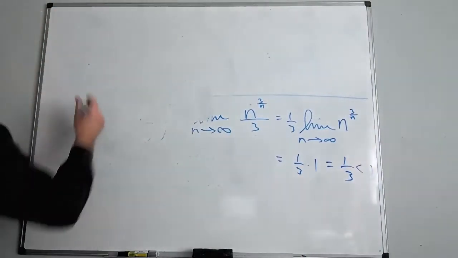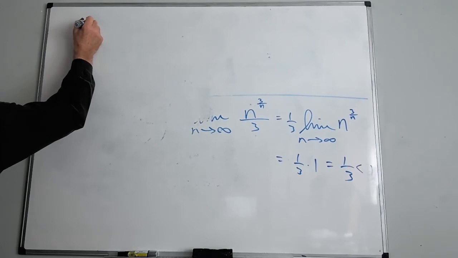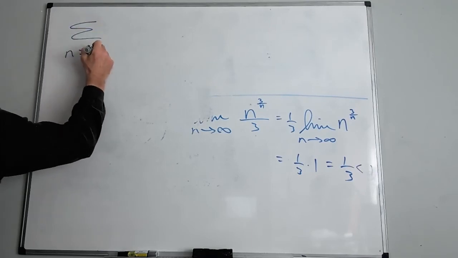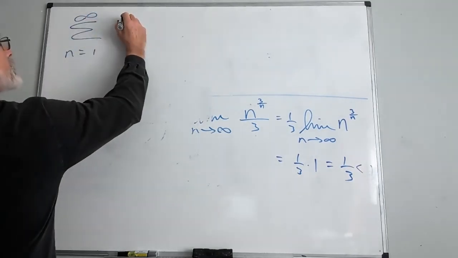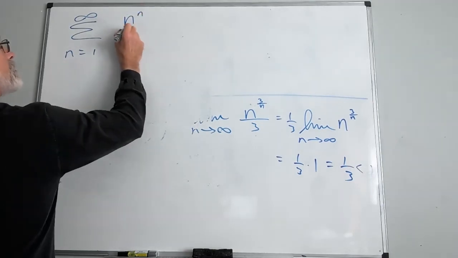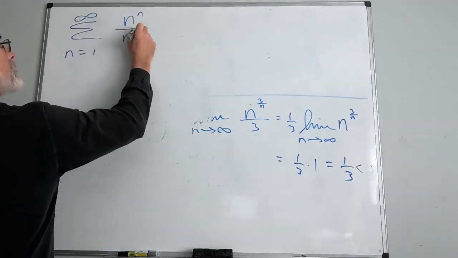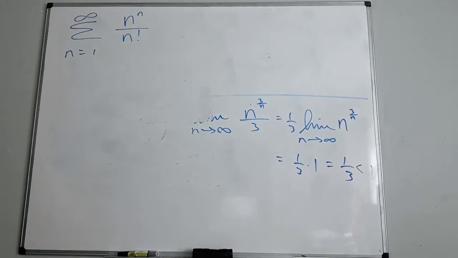What if I got something that looks like this? Can I use a root test on this one?